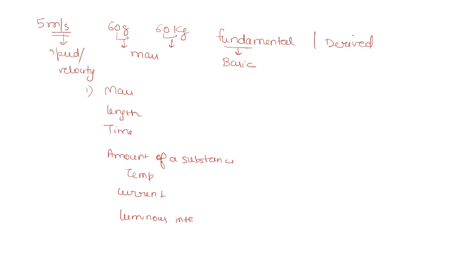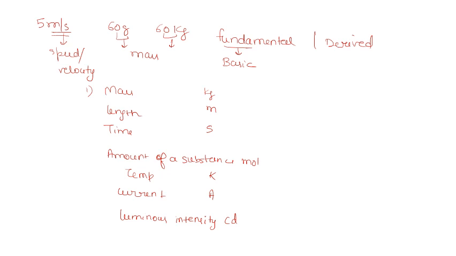So if you talk about the units for these, mass can be measured in kgs, meter for length, second for time, amount of substance in mole, temperature in Kelvin, current in ampere, and luminous intensity in candela.